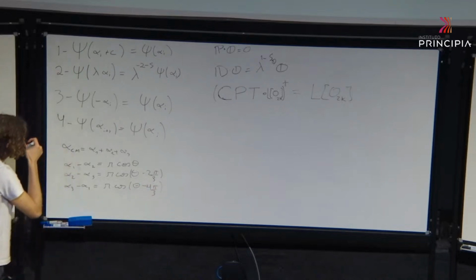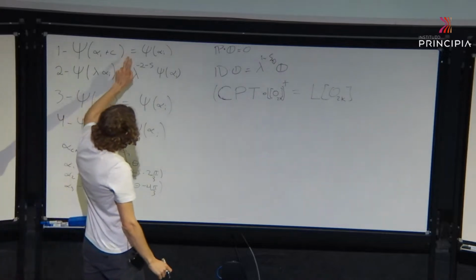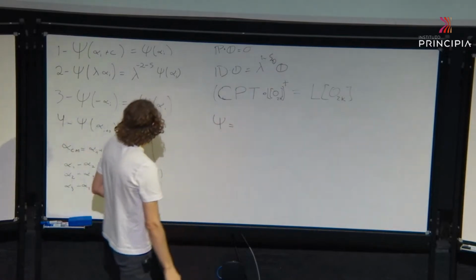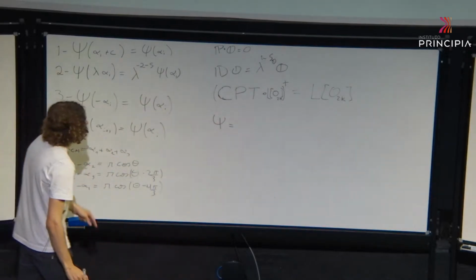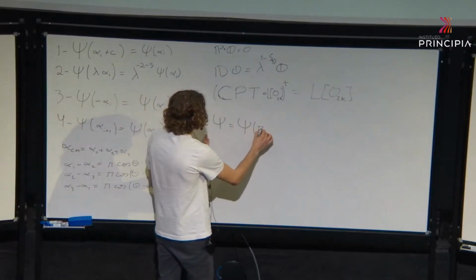And these variables are very nice for the following reason. The first constraint essentially tells you that psi doesn't depend on the center of mass variable, and therefore it's a distribution that depends only on r and theta.